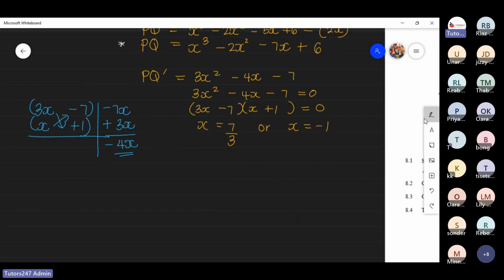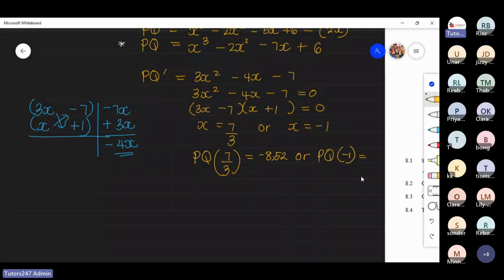So if we substitute, let's start with the one on the left. If we substitute 7/3, we will then end up with negative 8.52. And if we substitute -1, we will then end up with 10.